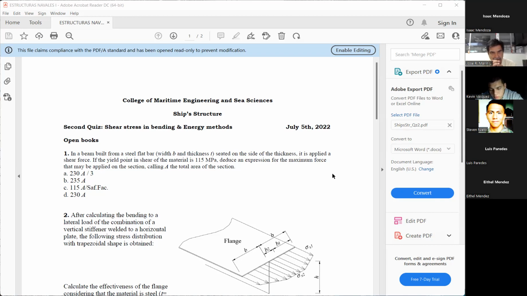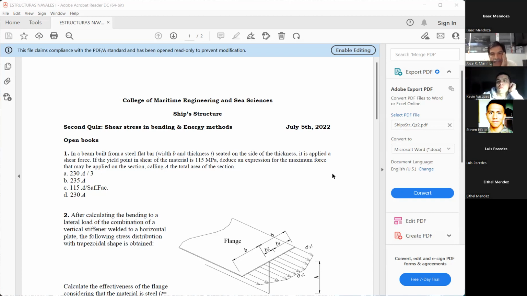If the yield point in shear of the material is 115 megapascals, deduce an expression for the maximum force that might be applied on the section, calling A the total area of the section.